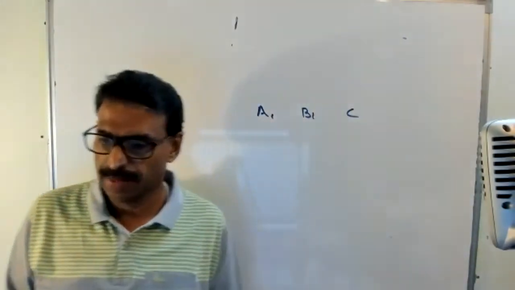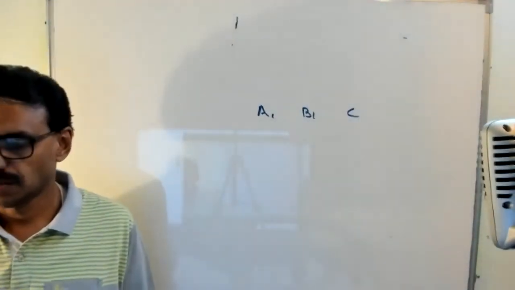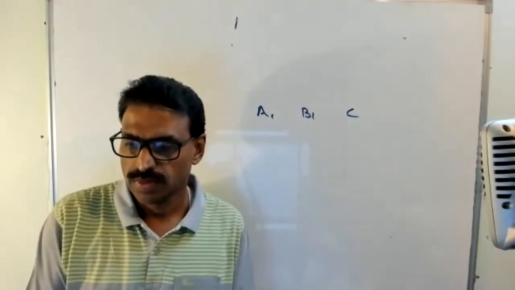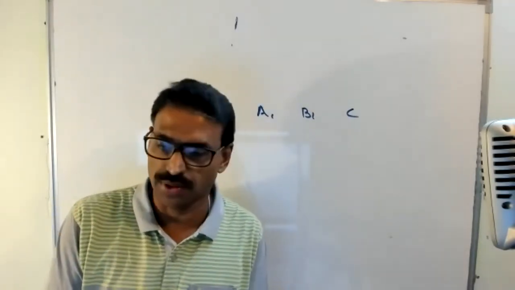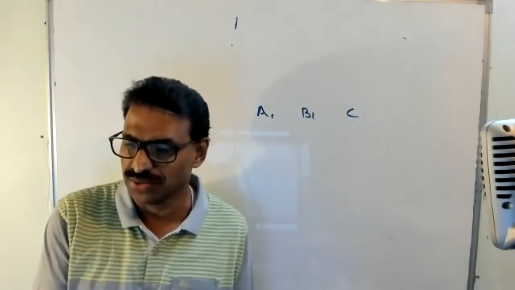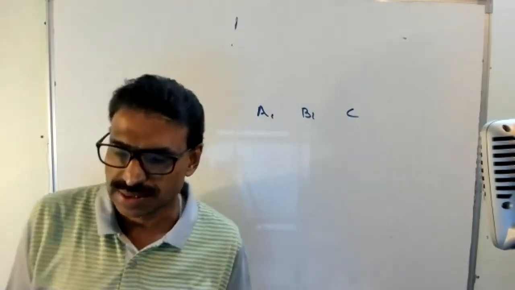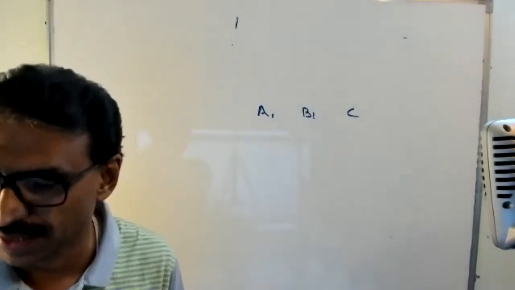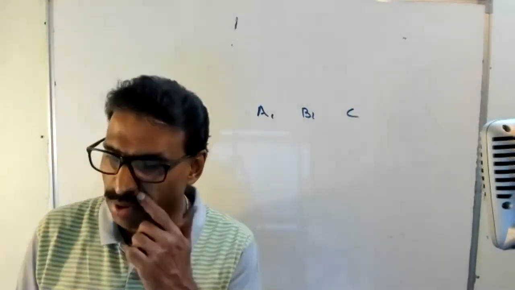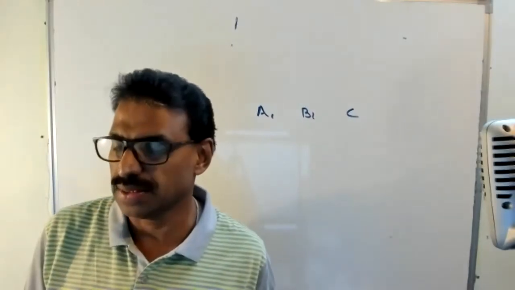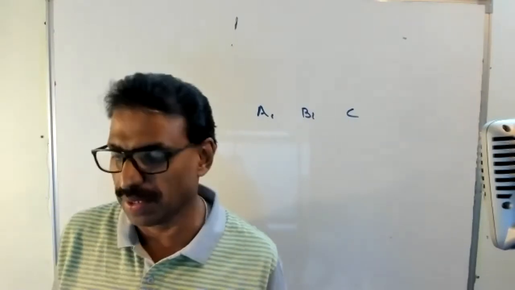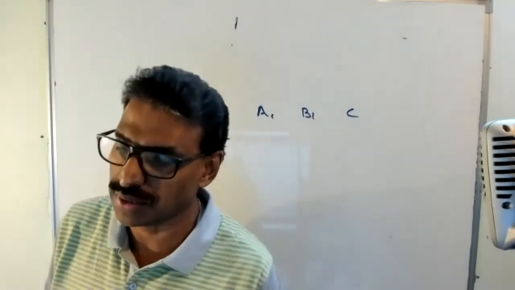How to check whether it's collinear or not? Hey, come on, just now we discussed. If the sum of the two sides is greater than the third side, we can form a triangle, correct?